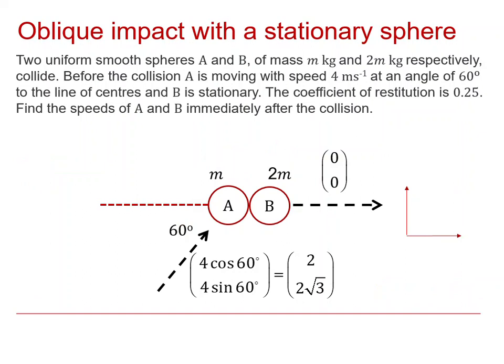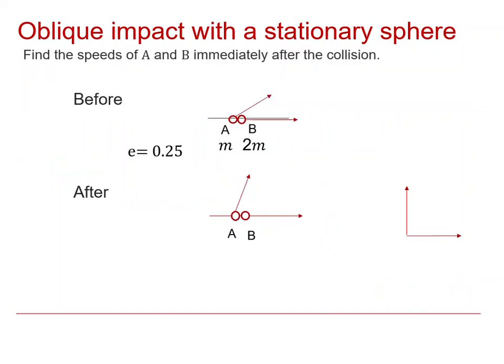Now the information there will go into the diagram which shows what happens before, and we'll have to add in our unknowns for what happens afterwards. So there's the position before in the upper half of the diagram. We put in the two velocities transcribed from the previous slide. That's what we agreed. And below we have to introduce the velocities afterwards.